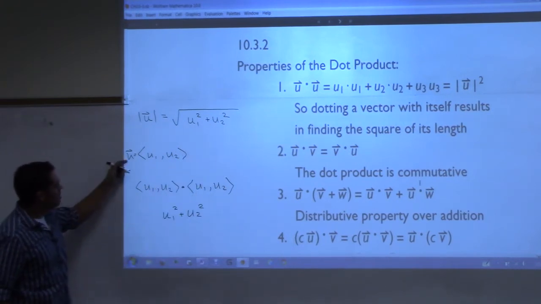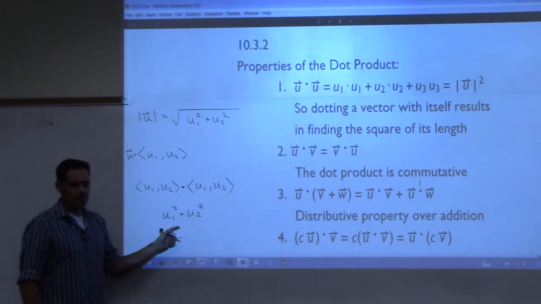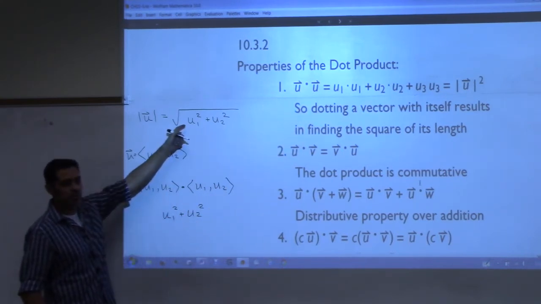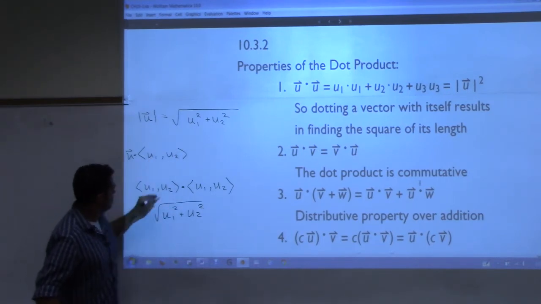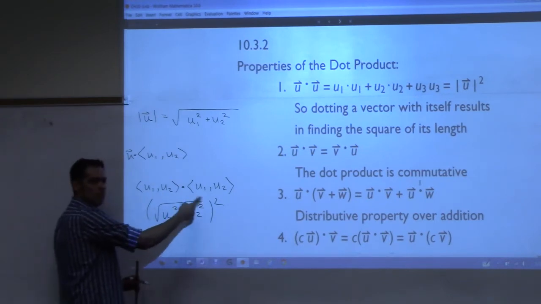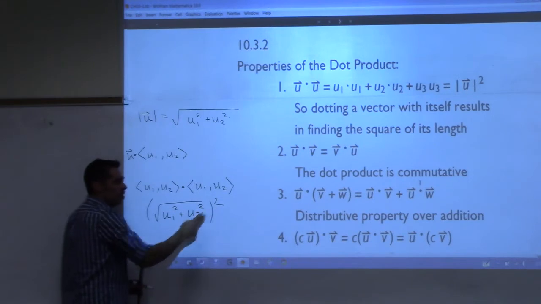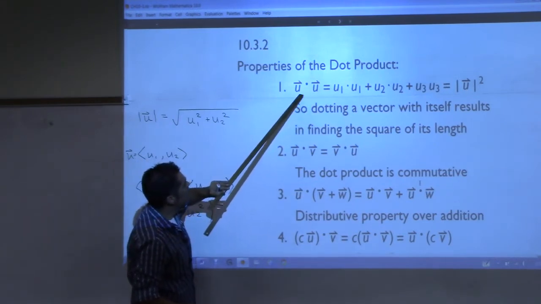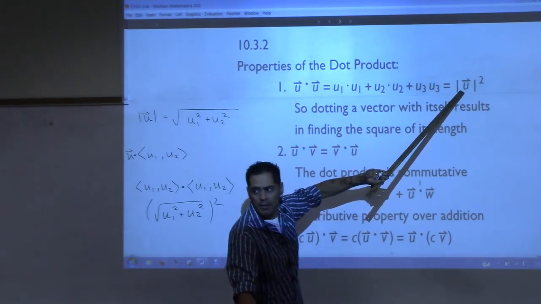So do you see how, if you dot u with itself, we get this, right? Isn't that really close to this? This is actually that up there squared, isn't it? Because if I square a square root, the square root goes away. This is the length of u squared, and that's what this is saying right here. If you dot a vector with itself, it's equivalent to the length of the vector squared.